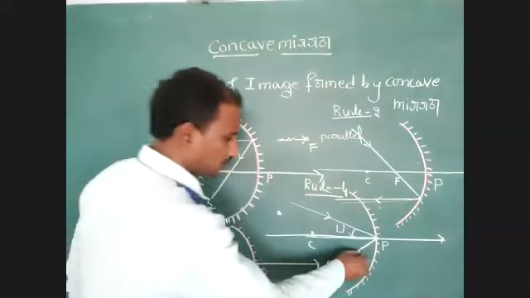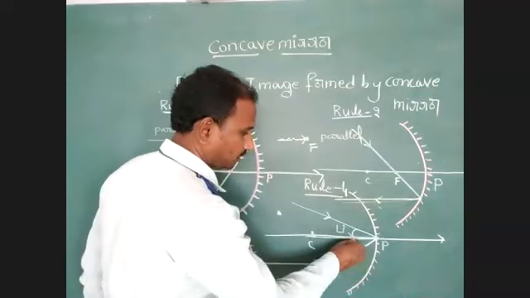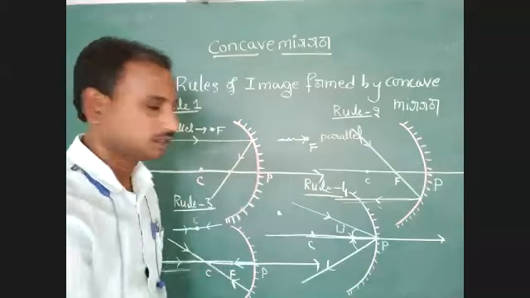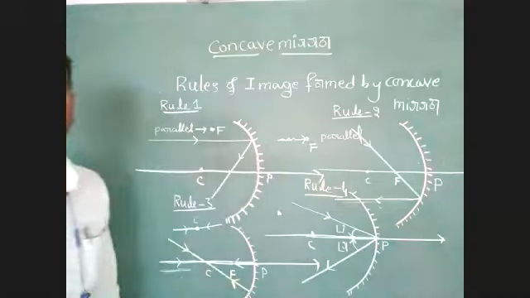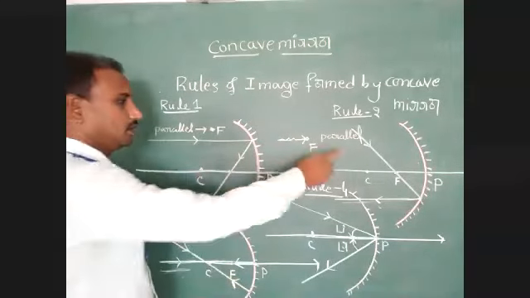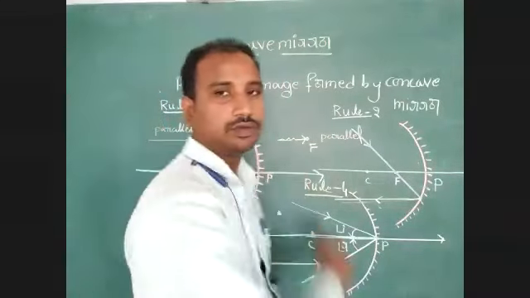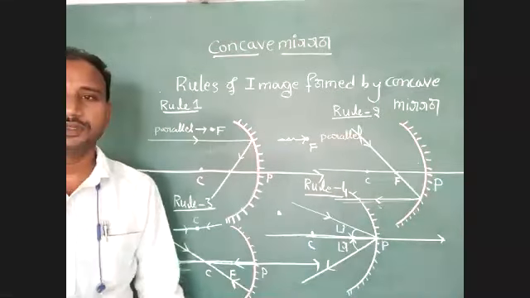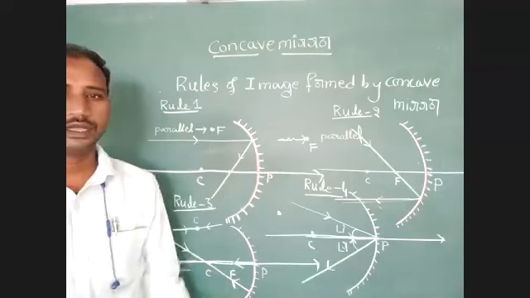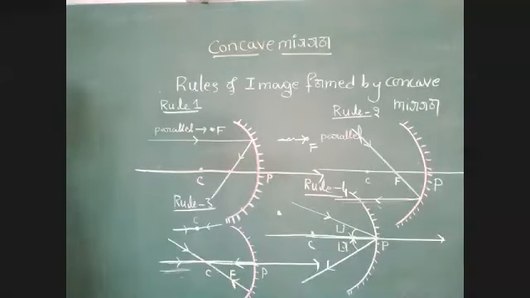The angle of incidence equals the angle of reflection according to the first law of reflection. Angle I equals angle R. So these 4 rules are required for image formation by a concave mirror. Okay, students, note down these 4 rules. Draw these diagrams.